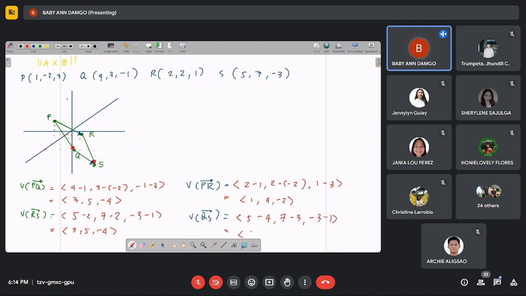So we have (1, 4, and negative 3 minus negative 1).